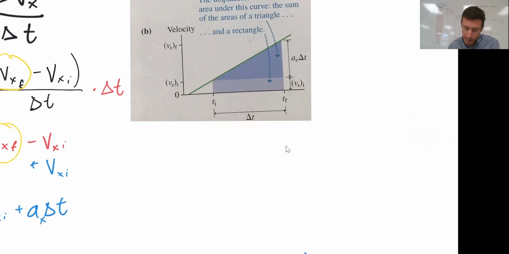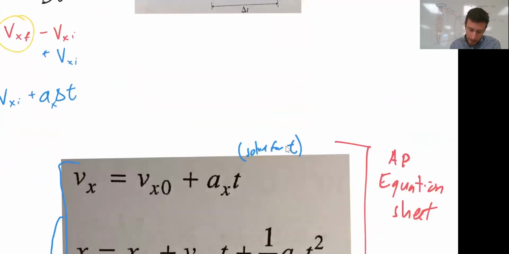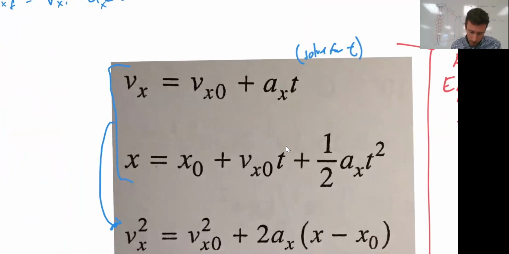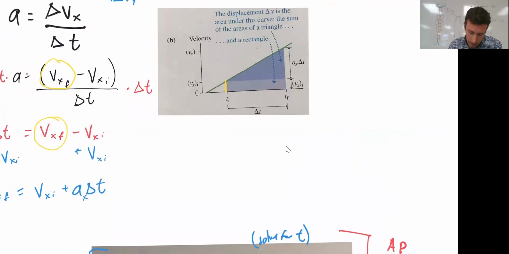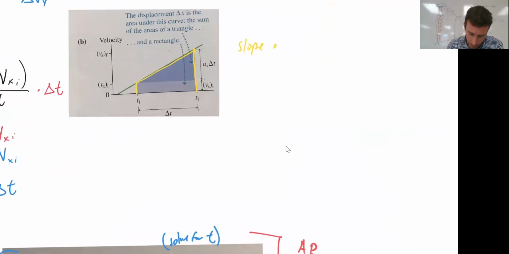So in order to find this next equation, I'm going to take a look at the shapes that make up this velocity versus time graph, because the next equation solves for the distance or the displacement x. So if I'm looking for x, x is the area under the velocity curve. Remember, the slope of the velocity curve is acceleration. So slope of velocity is equal to acceleration.